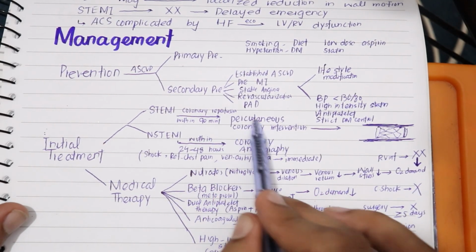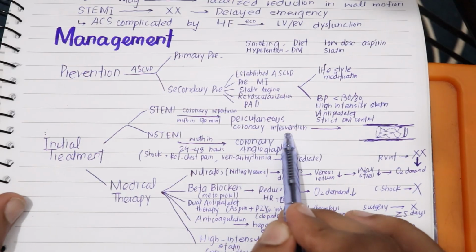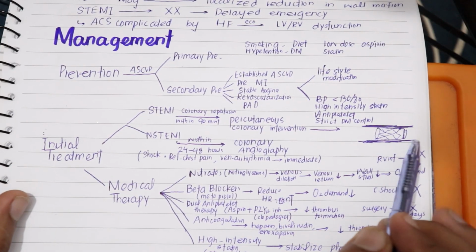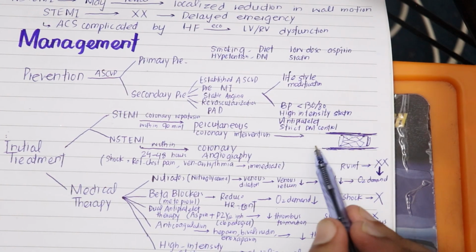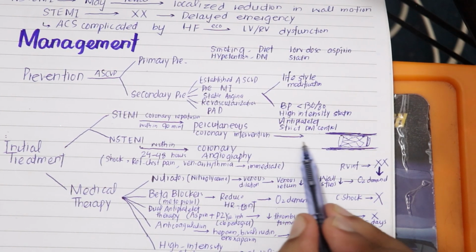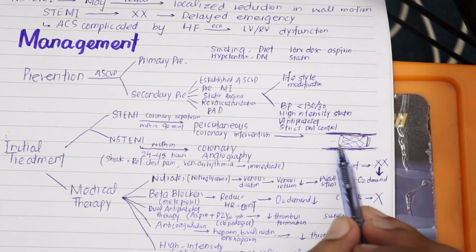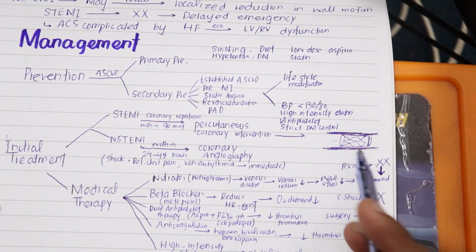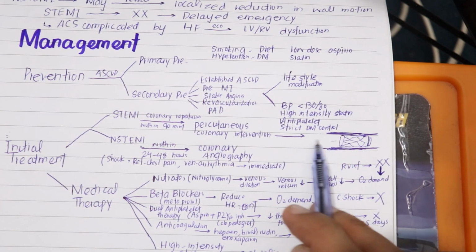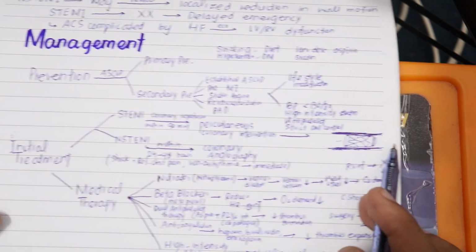What is reperfusion? Percutaneous coronary intervention. You have to do the angiography and place the stent like this. If it is blocked here, this is the vessel, you pass the catheter, and there would be inflation of this balloon-like structure, the stent, so that the blood flow should continue, okay.